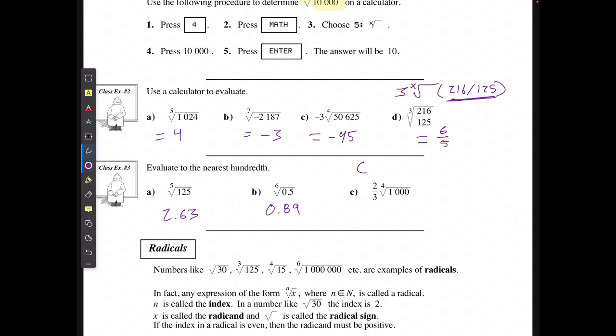You're going to put in bracket 2 divided by 3, close the bracket, and then you're going to have times the fourth root of 1,000. And if you did it properly, you should get approximately 3.75.